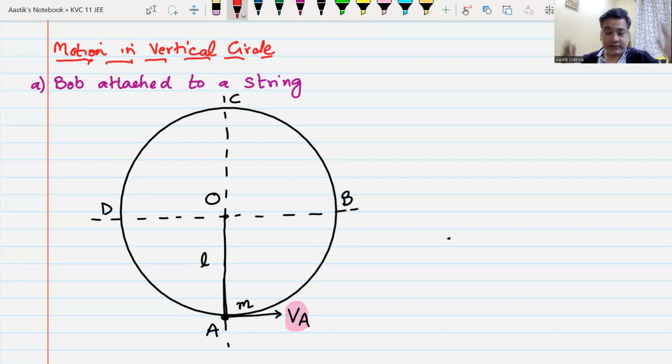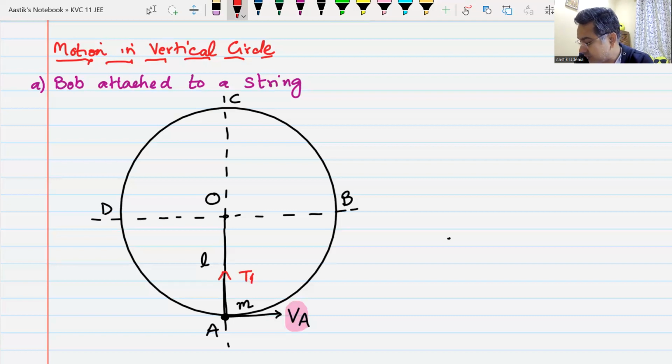Take a deep breath. This is a body attached to a string hanging like this. What are the forces acting on the body? Think again. Tension, yes. Okay, thank God, we remember tension.